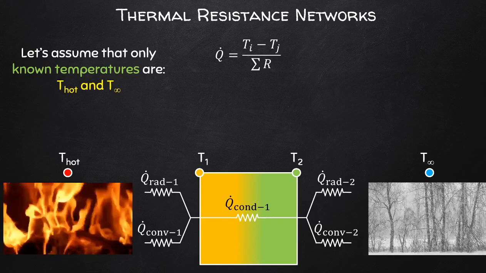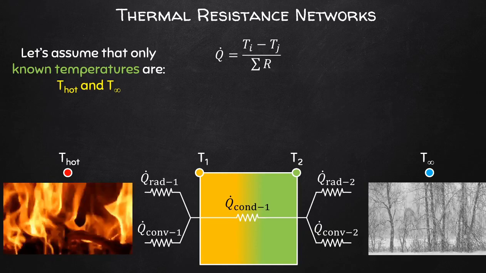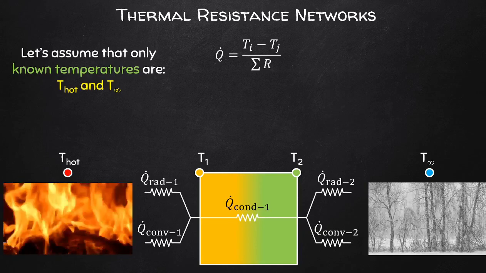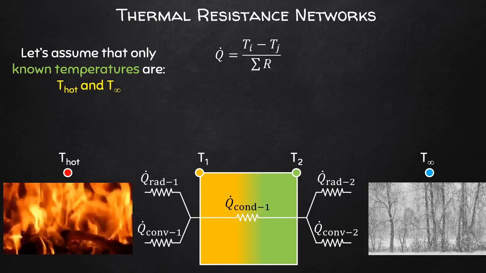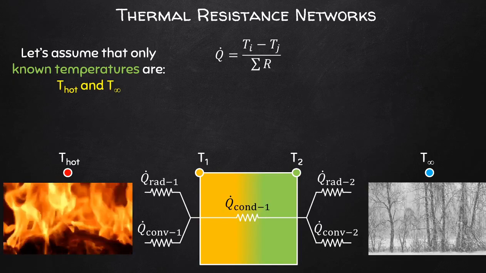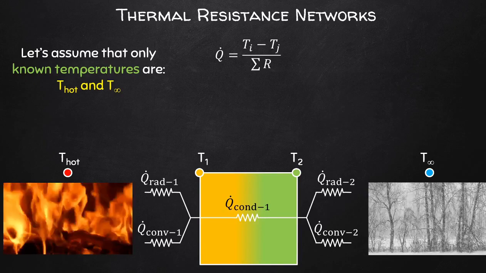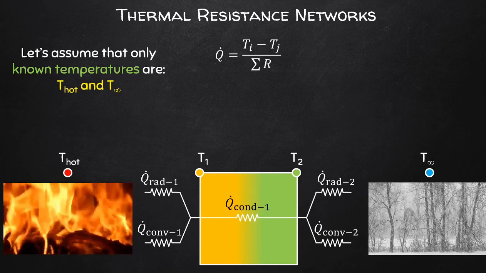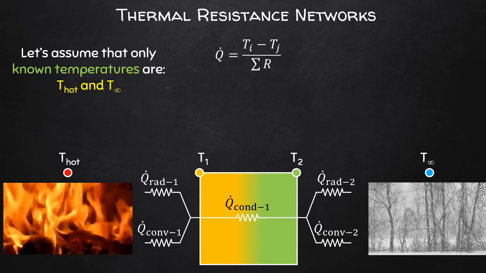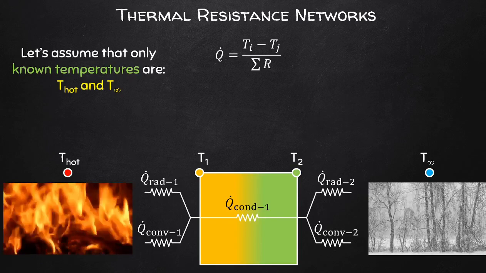So for example, we may know the temperatures of the cold and the hot fluids that are flowing through a heat exchanger, but not necessarily the temperatures at the interfaces, so where the fluids have some or other solid boundary between them. Okay, so we might want to know these.